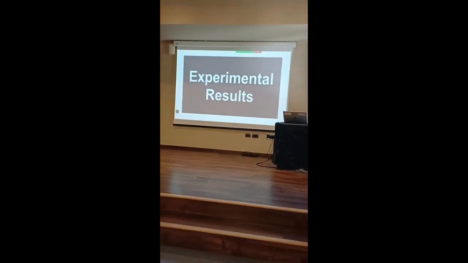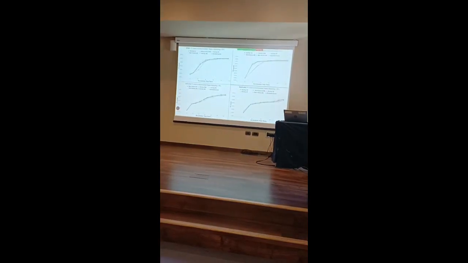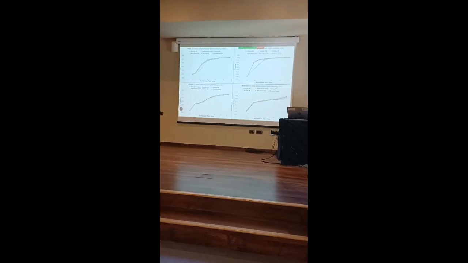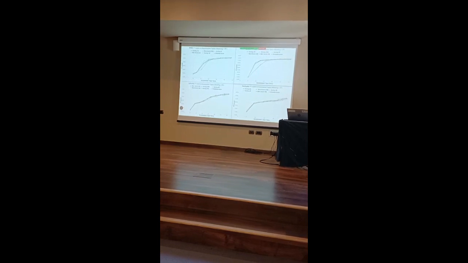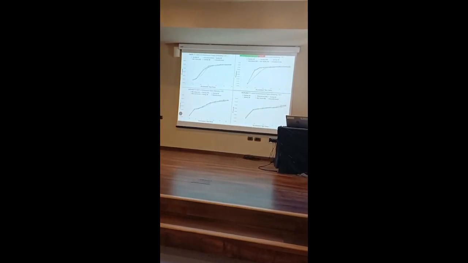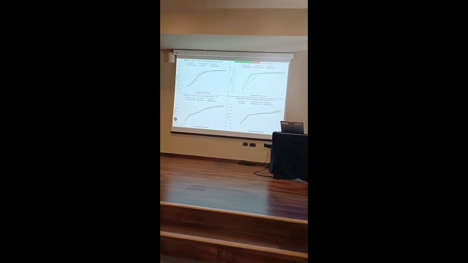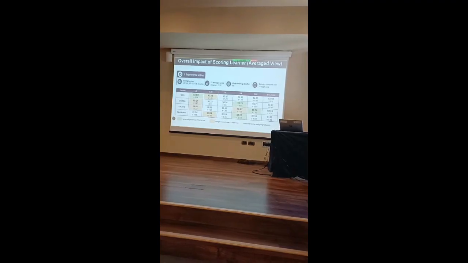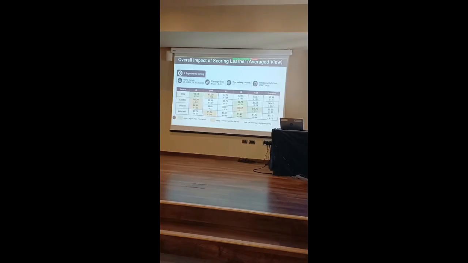Regarding the experimental results, these 4 figures correspond to the 4 data sets at hand. As we can see here, each figure represents the F1 score across progressively accumulating top ranked topics. In order to gain insights from these figures, we have first examined the overall impact of the scoring learner in the average view.